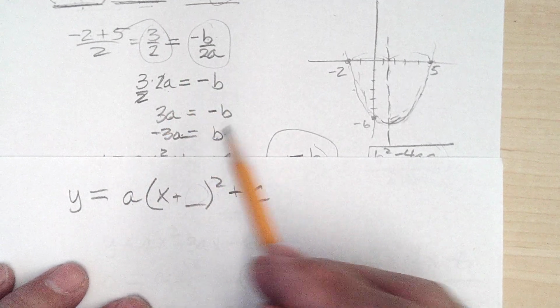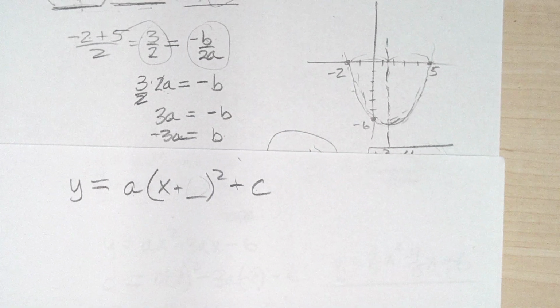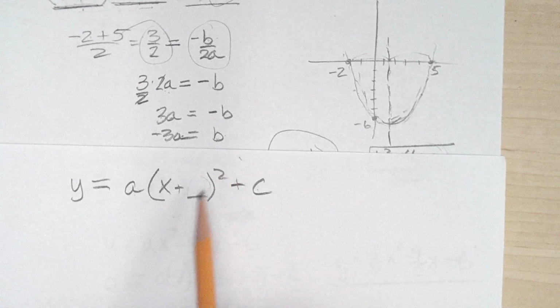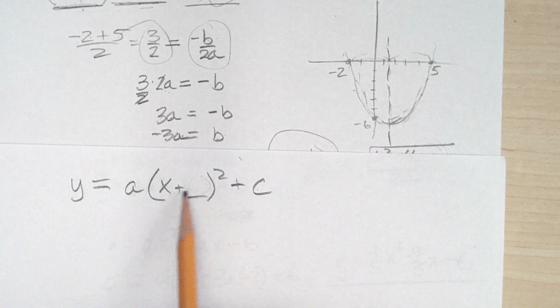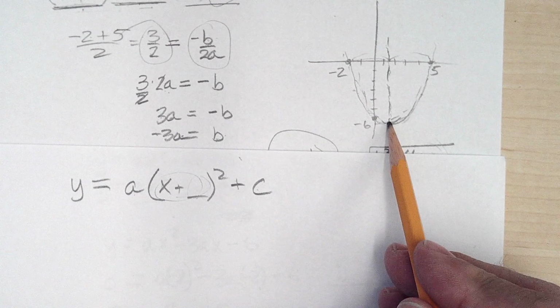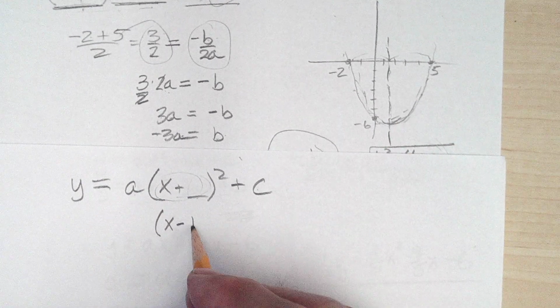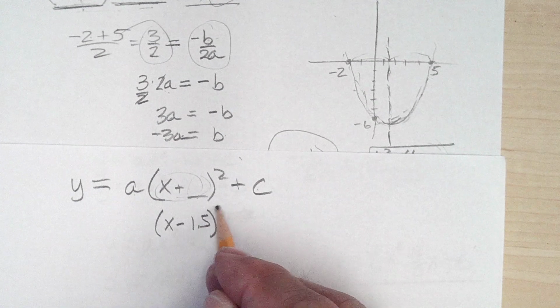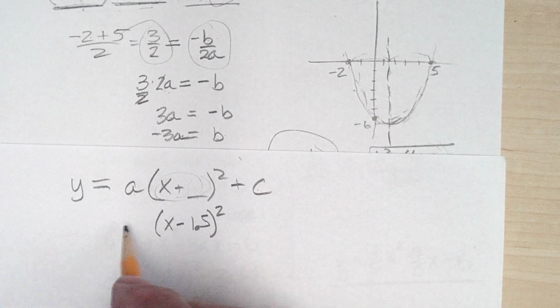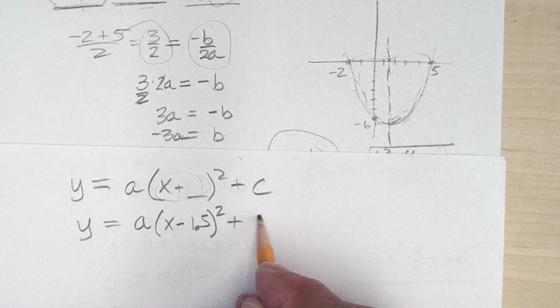This is not the b and this is not the c of the other one, so they'll look a little different. But if I use a transformational form, this needs to slide the graph over to 1.5. So it has to be x minus 1.5 squared, times a, plus c.